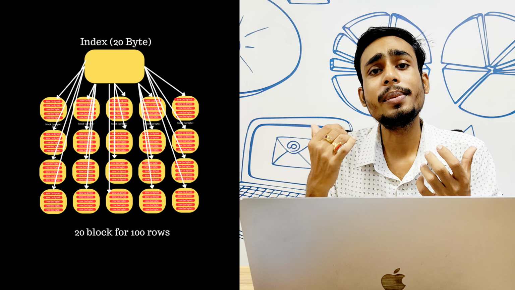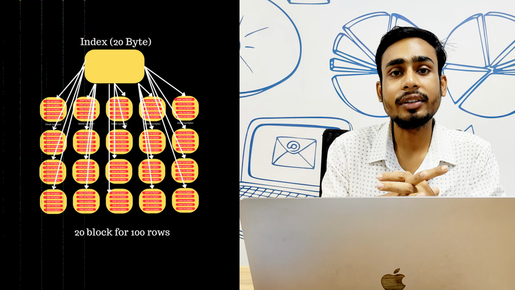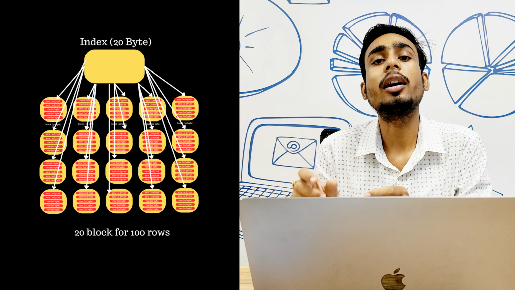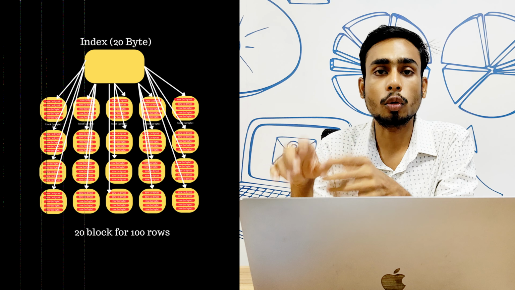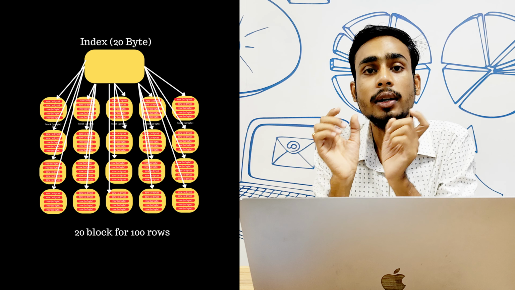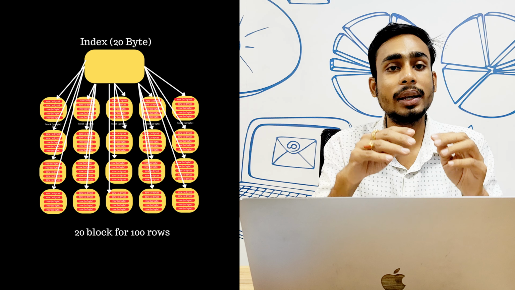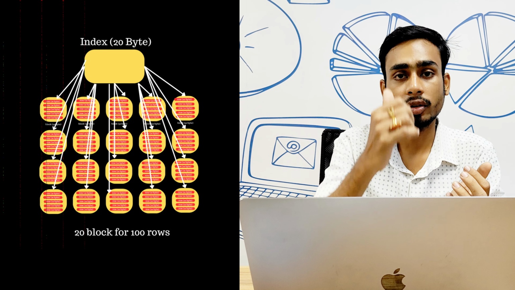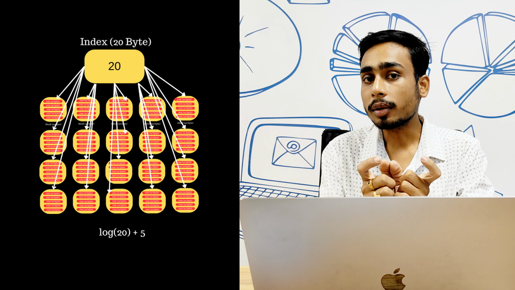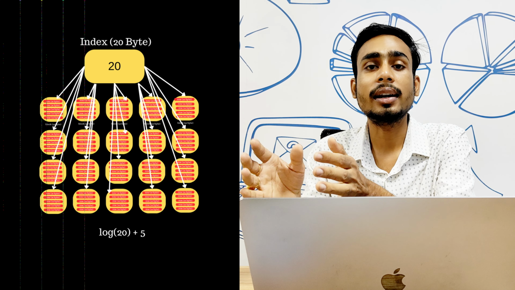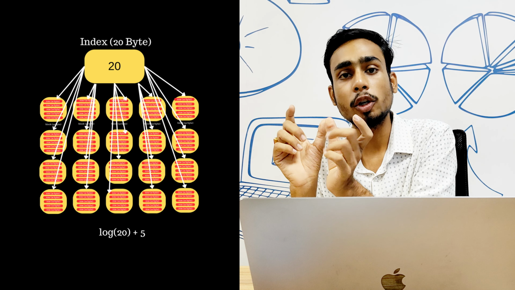So when you search for a row with some where condition, first it will check in the index page, which is of size 20, what the pointer or address of the row is that I am trying to find. Then in that block it will linearly iterate to find which row matches your where condition. So what is the total time complexity? In binary search you look for that address, which takes log of n.